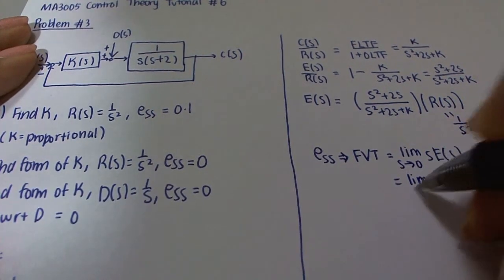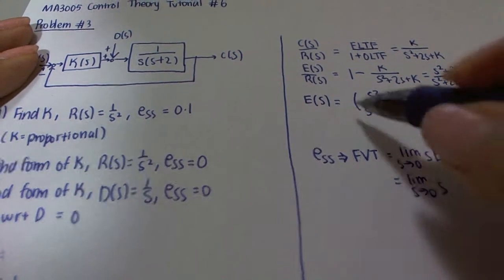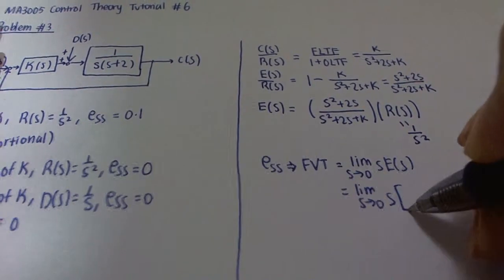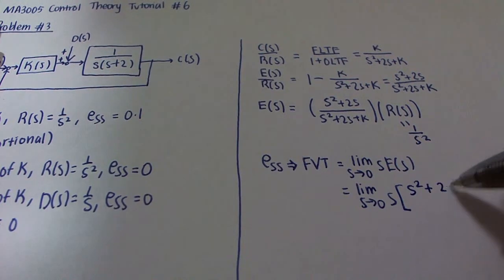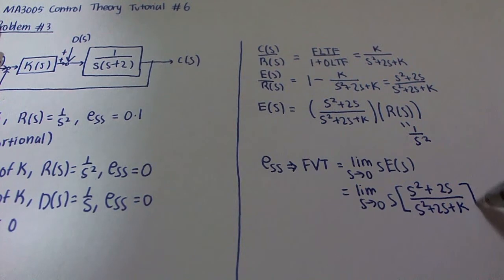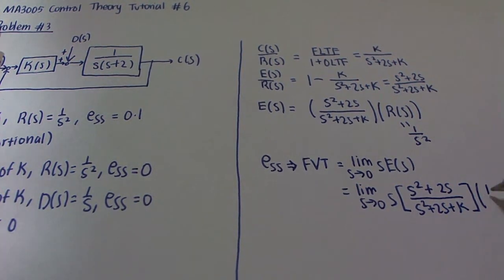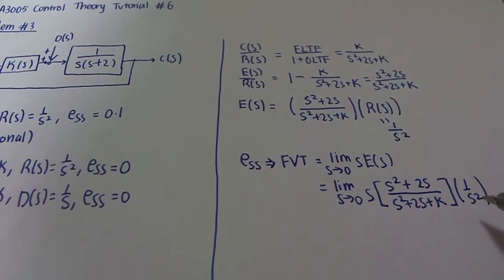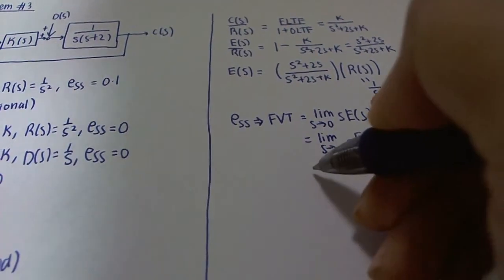So just substitute E(s) from this equation into the final value theorem, and we will have s squared plus 2s over s squared plus 2s plus K multiplied by R(s), in which it's 1 over s squared in this case.